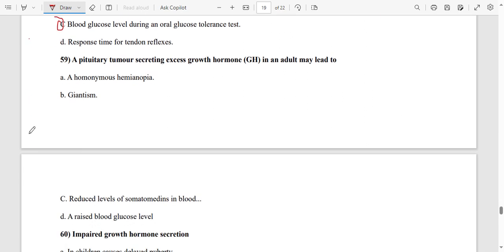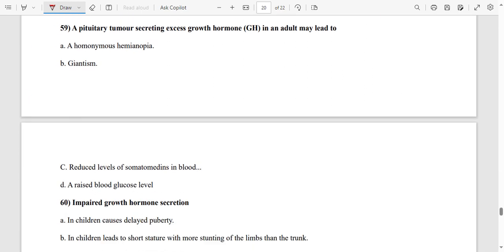59. A pituitary tumor secreting excess growth hormone in adults leads to homonymous hemianopia, gigantism, reduced levels of somatomedins in blood, raised blood glucose levels. How about this one? Which one would you go for?